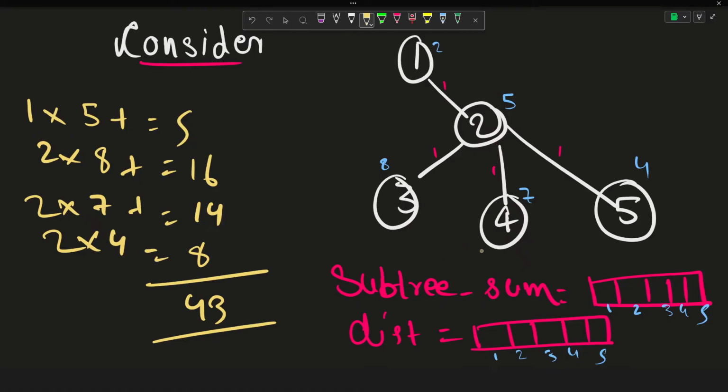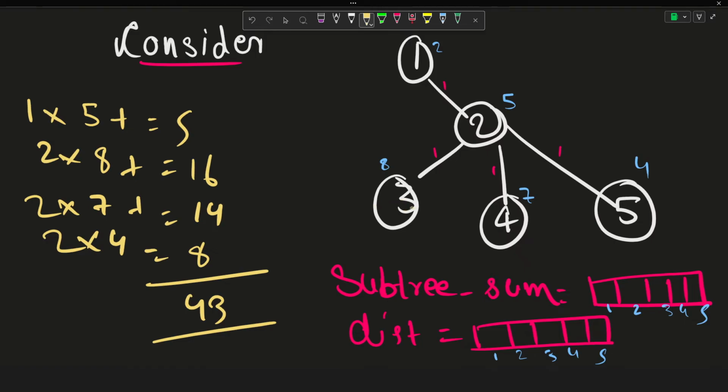So before I was maintaining the subtree size array because it was holding the subtree size for every node, but now instead of using the subtree size I will use the subtree sum array. So it clearly means that instead of the subtree size, it will now hold the subtree sum for each vertex.